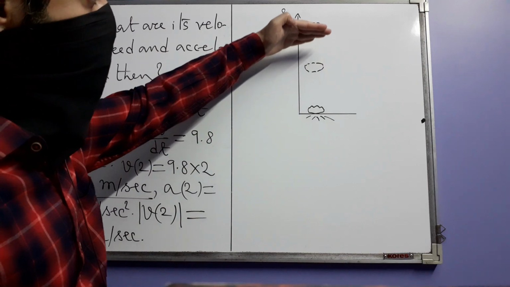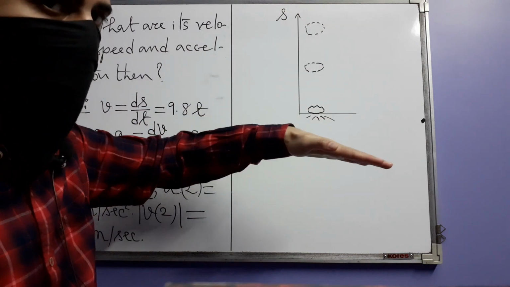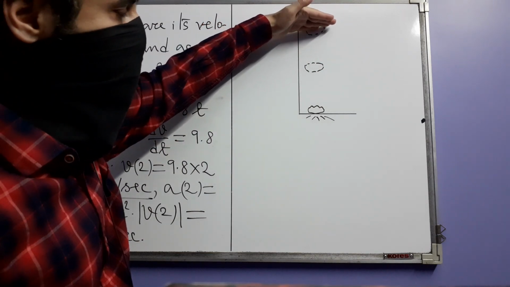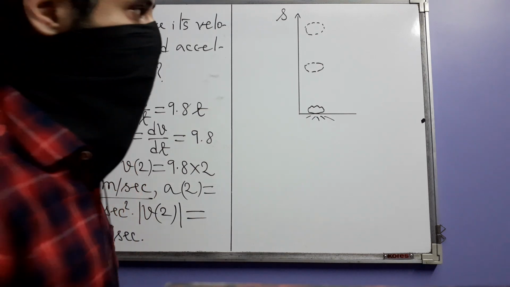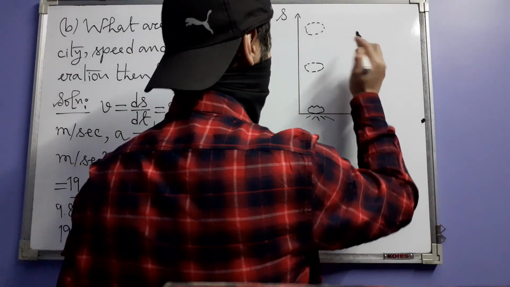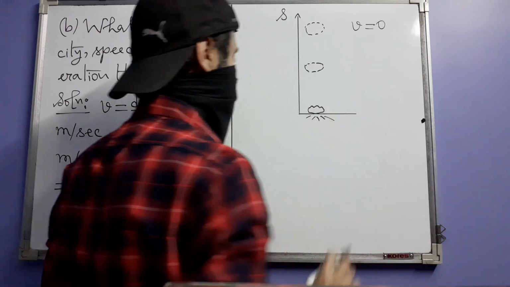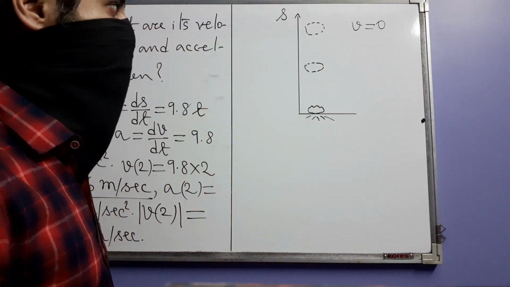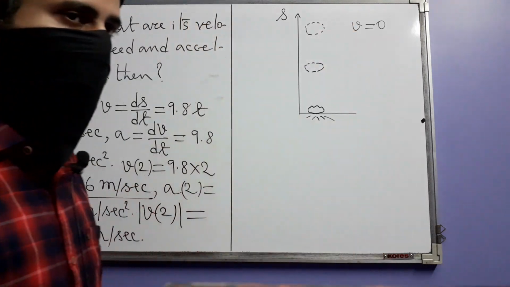So its speed gradually decreases, it reaches the maximum height. At that height its speed is 0 or velocity is 0, same thing. Velocity being 0 and speed being 0, they are essentially the same thing. And then immediately it started falling.